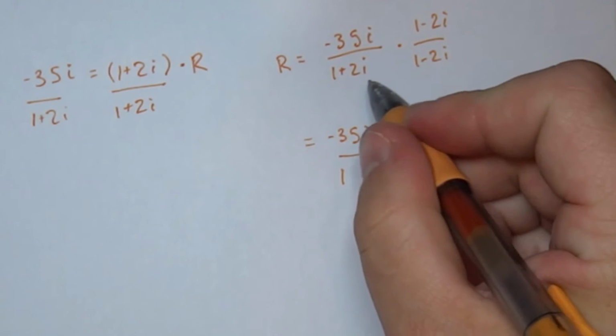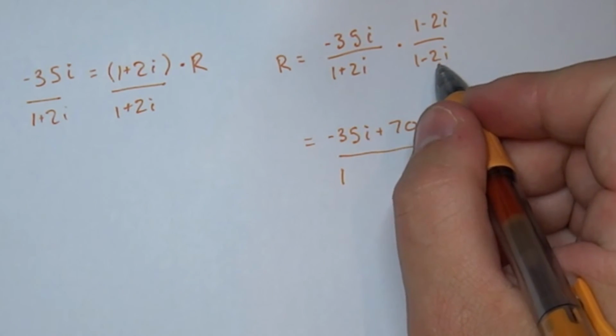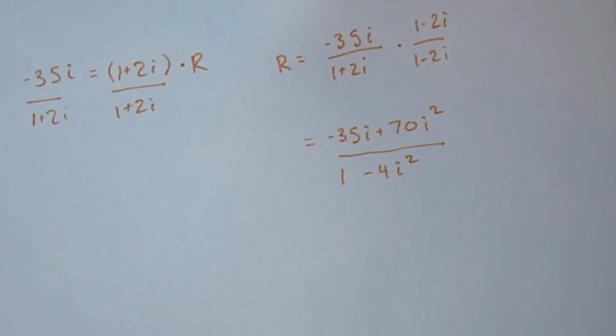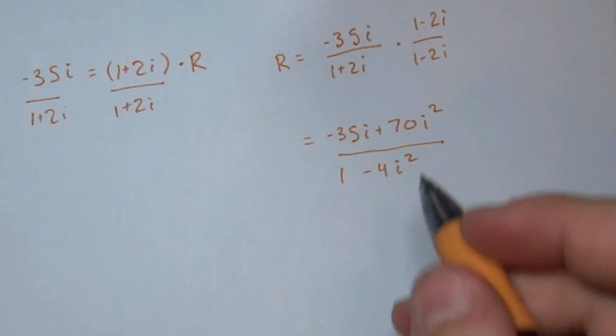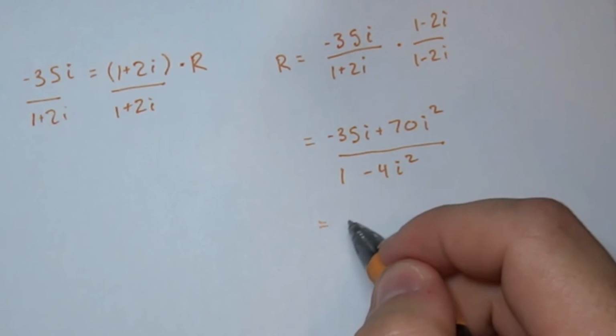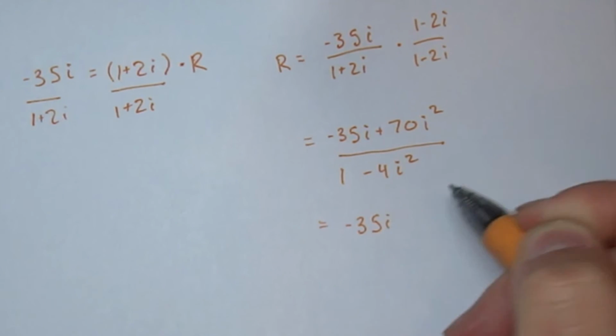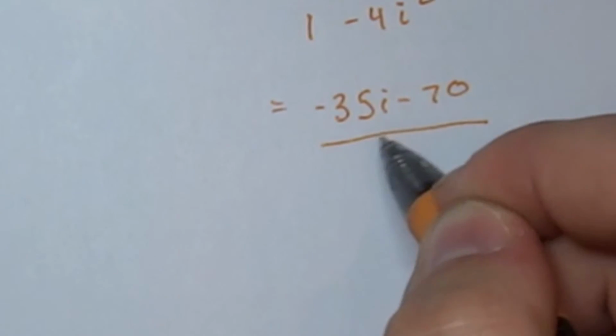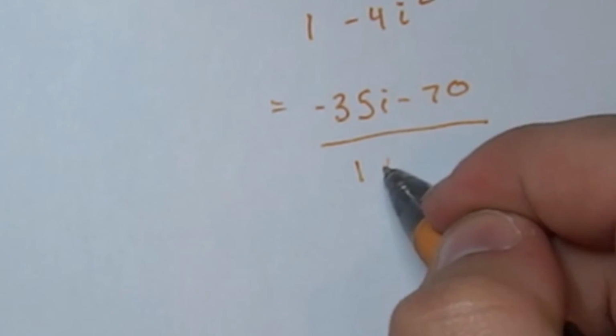And then 2i times negative 2i becomes minus 4i squared. Okay. On the previous page, what did we say that i squared equals? Well, i squared just equals negative 1. So this actually equals negative 35i minus 70 over 1 plus 4.